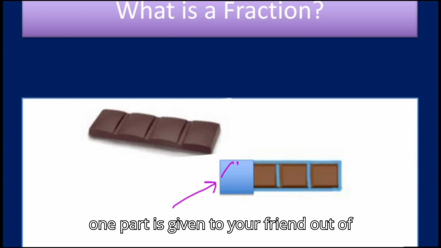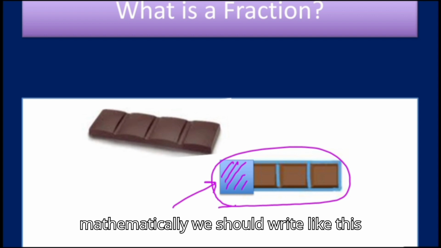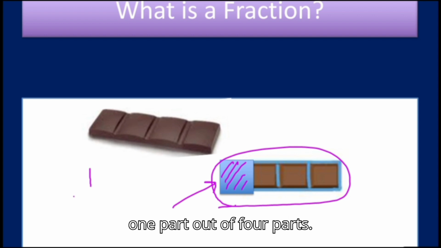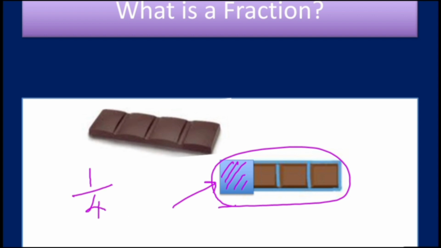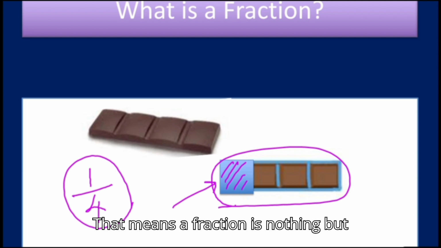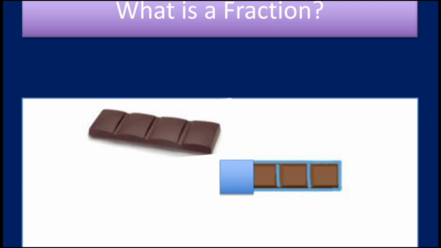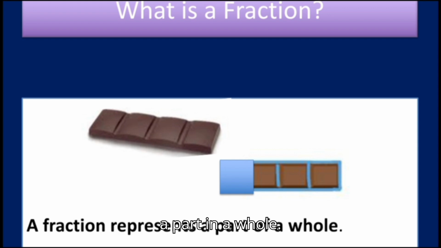Only one part is given out of 4 parts. So mathematically we should write: one part out of 4 parts. This represents a fraction. That means a fraction is nothing but a part in a whole. A fraction is a part of a whole thing.